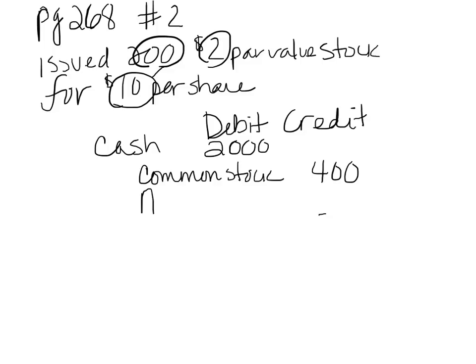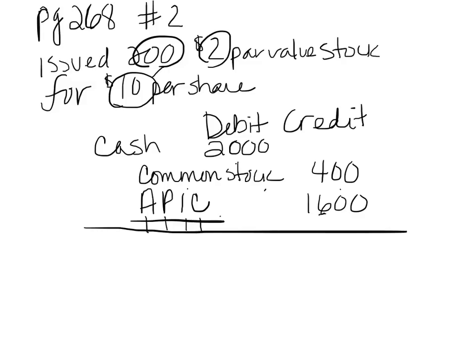And then we have additional paid-in capital, abbreviated APIC, which gets the difference of $1,600. So this journal entry would be cash for $2,000, common stock for $400, and APIC, additional paid-in capital, for $1,600.